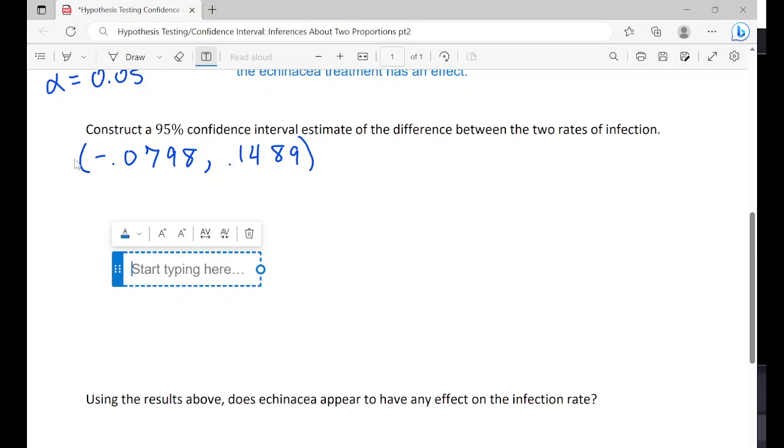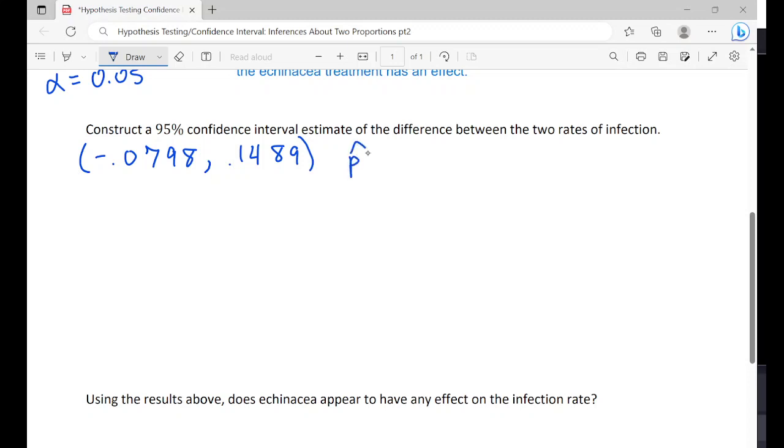Now you can tell from the interval we have a negative number and a positive number, negative to positive. So somewhere as we're going along this interval, we're going to hit 0. And you need to know that when it comes to these intervals, p hat 1 minus p hat 2 is how we get this. Now the only way to get 0 is if the first proportion is equal to the second proportion.